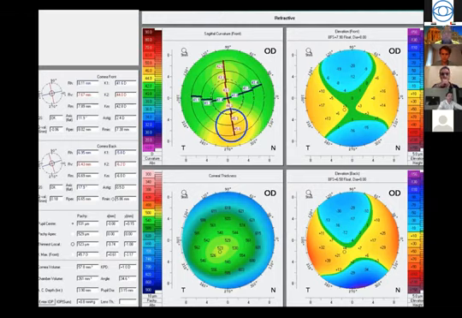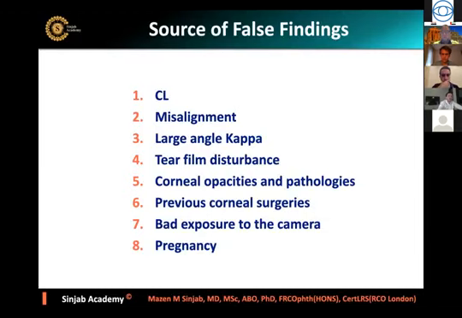So first of all, when we see such a hotspot, we have to exclude factors that may lead to artifacts or false findings, like using contact lenses, misalignment during capture, large angle kappa, tear film disturbance including excess tears and dry eye, corneal opacities and pathologies, previous corneal surgeries, inadequate exposure to the camera, and pregnancy.